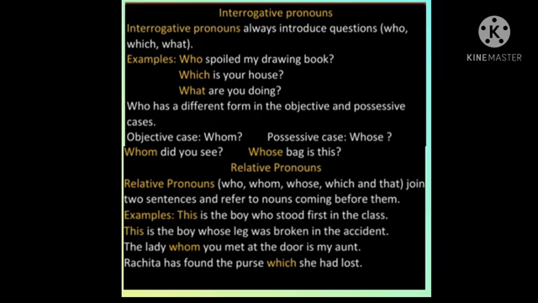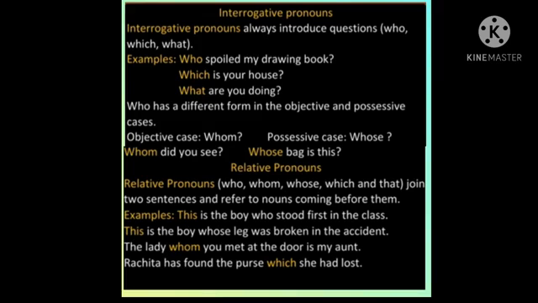So the relative pronouns will be the same WH words, but they will not be seen at the beginning of the sentence. If it is seen in the beginning, that will be interrogative pronouns, and if it is seen in any part of the sentence, not at the beginning and not at the last, then it can be a relative pronoun.